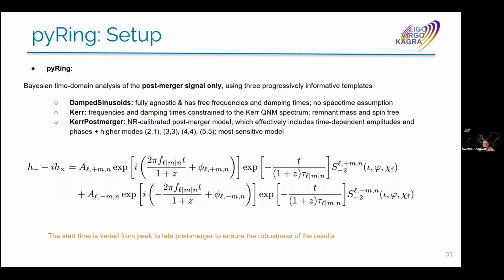Starting too early will introduce systematic bias, and starting too late, you will lose SNR. The start time variation done this way allows us to verify that the results stabilize as expected, and we can catch anomalies if there are any. So here we analyzed 22 O4a events that pass the noise threshold for detectable ring-downs. Can I have the next slide, please?